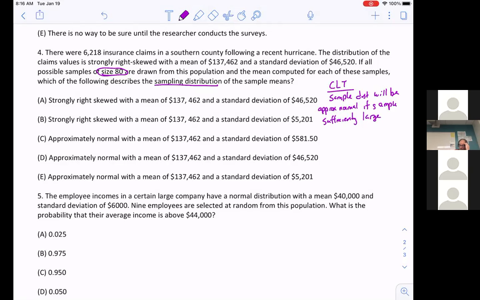Okay. And again, we have a cutoff for that. That would be 30. So size 80 is good. So we can eliminate B and A because they talk about a strongly skewed distribution. So we're talking about these 3 at the bottom.